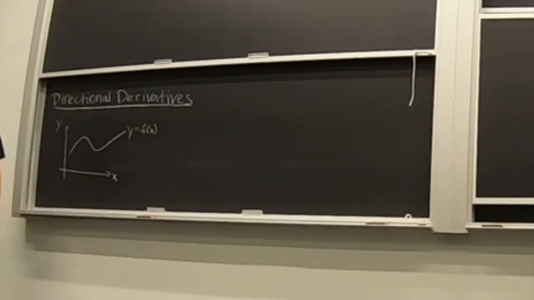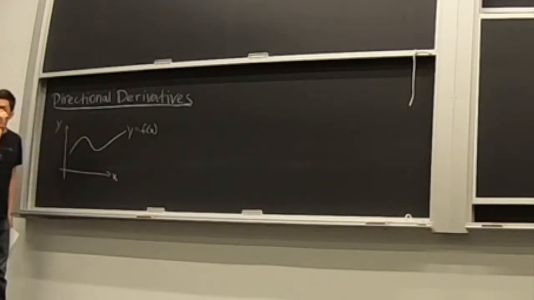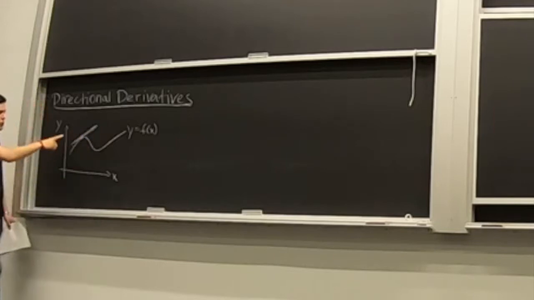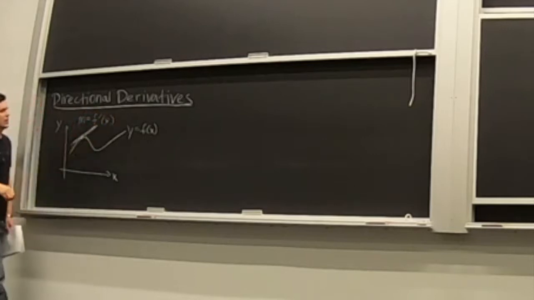Okay, so in a single variable, there's only one direction that you can change with respect to, right? You vary x, and your graph changes in some way. So you've got one notion of slope. The slope of this tangent line is the slope of the curve at that point.